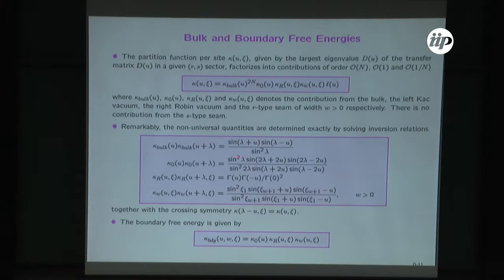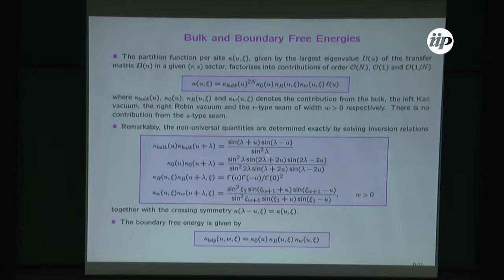So you have one inversion relation for the bulk, one for the left boundary, and 2 associated with the right boundary, the Raban vacuum and the W seam. In addition to these inversion relations, you must satisfy the crossing symmetry. So these functional equations together are sufficient to uniquely determine the bulk and boundary free energies. In particular, the boundary contribution.